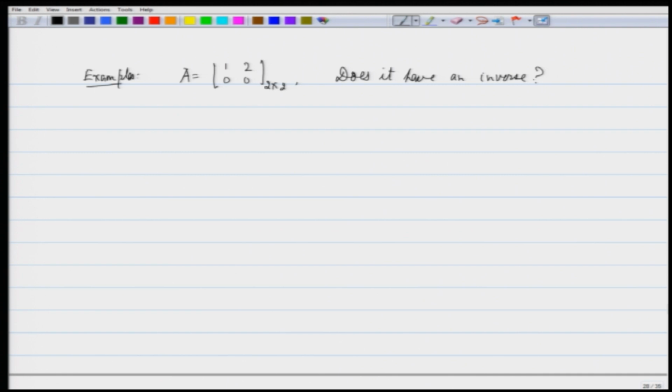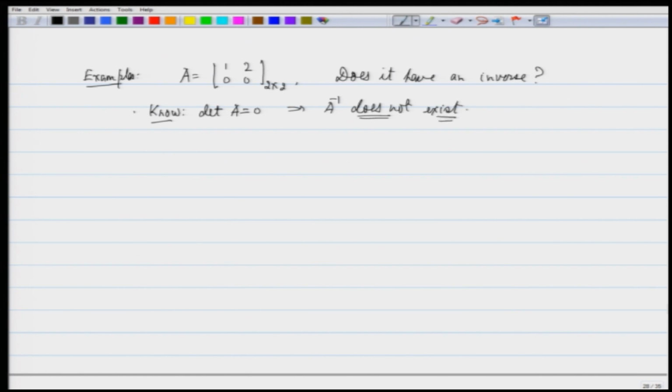From our school days we know that the determinant of this matrix is 0, and therefore, it does not have an inverse. So, no, determinant of A is 0 implies A inverse does not exist. Fine. But I would like to understand it in a different way.